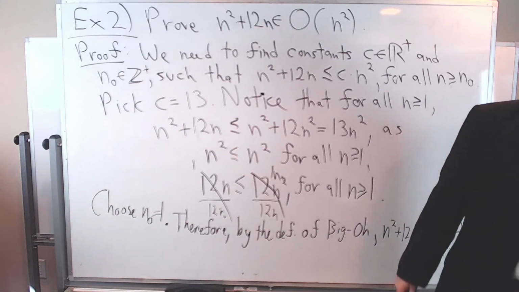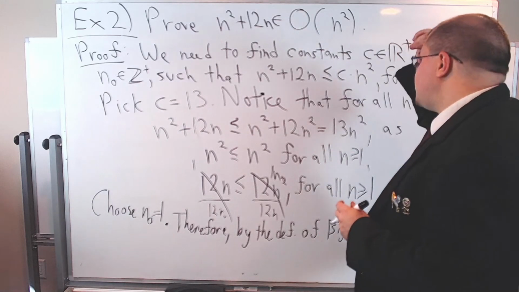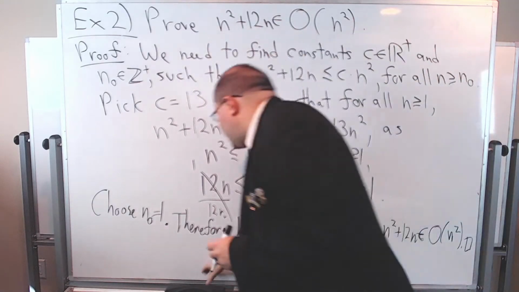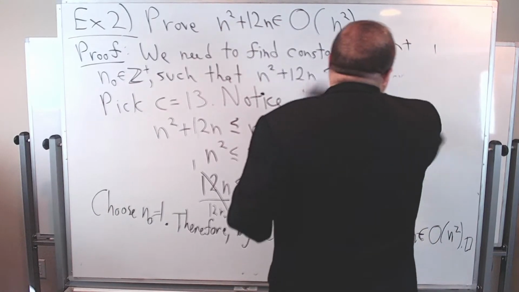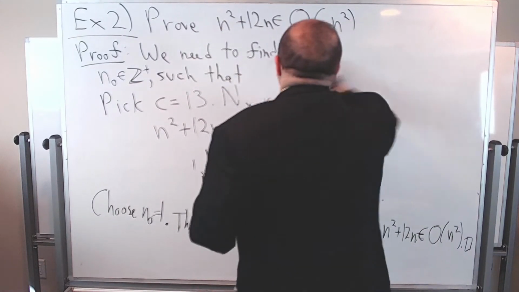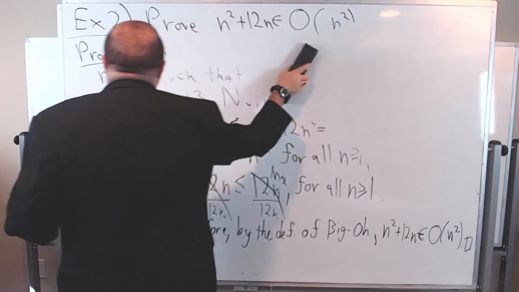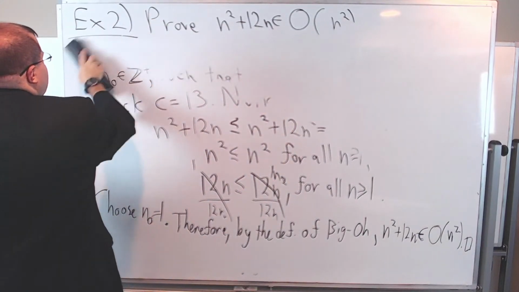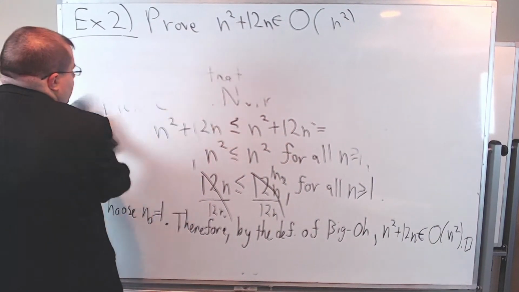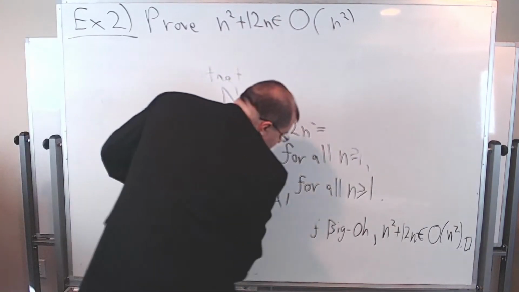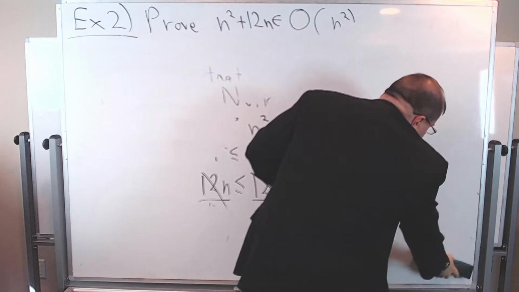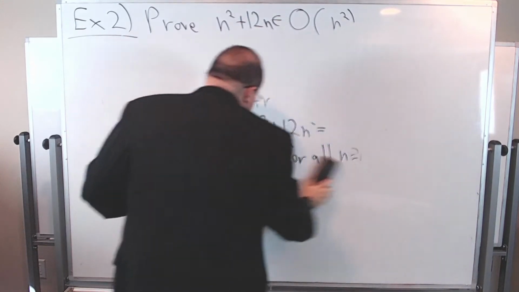Now, I want to do a little bit of an aside here. I want to ask you some other question here. You notice I picked the C and an N0.